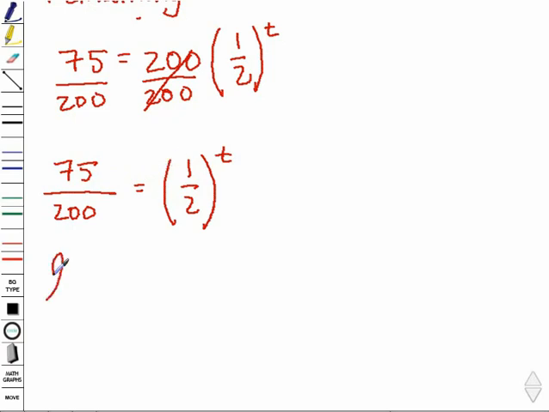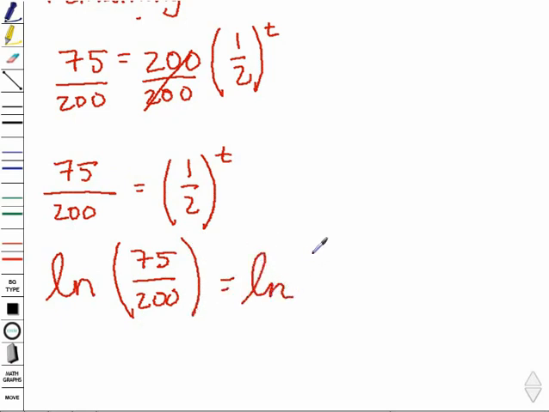So we have the natural log of 75 divided by 200 is equal to the natural log of 1/2 to the power of t.